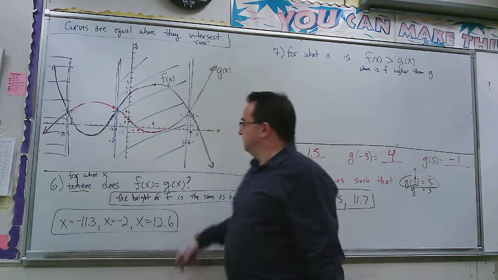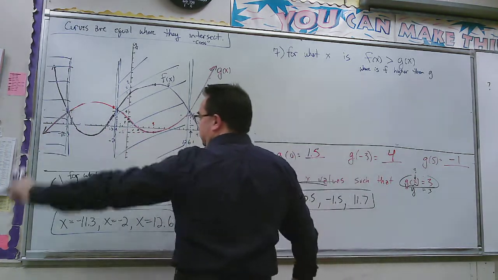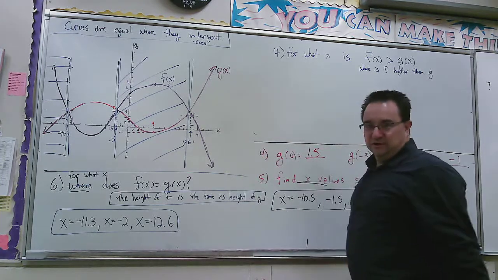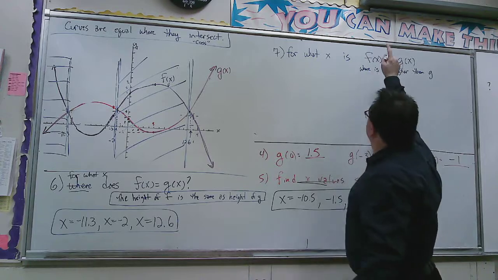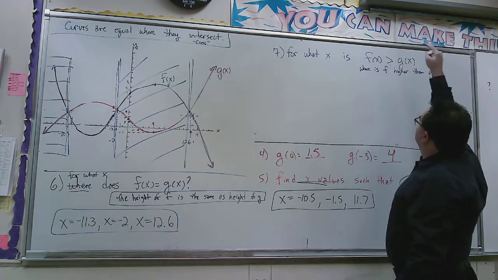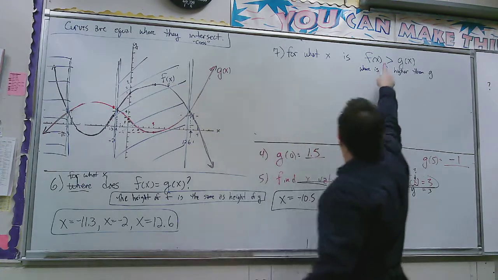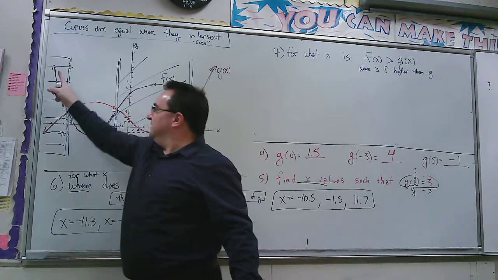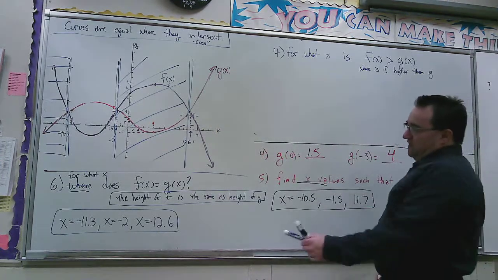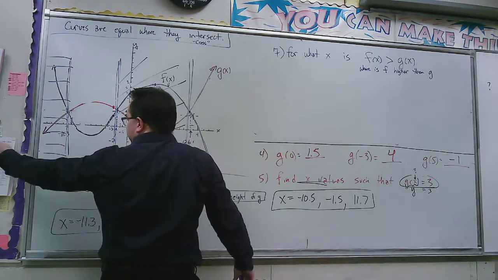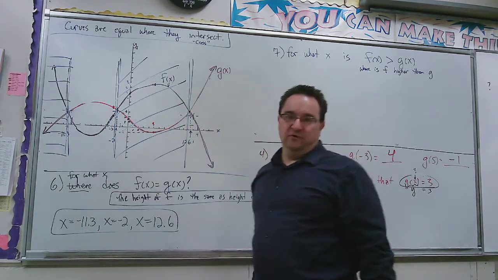Here, no. Here, no. See how it's kind of a left to right kind of analysis? Where on the curve, what chunks of the curve is the purple bigger than the red? The purple bigger than, higher up than the red, G. Well, that would be everywhere behind that X is 11.3.